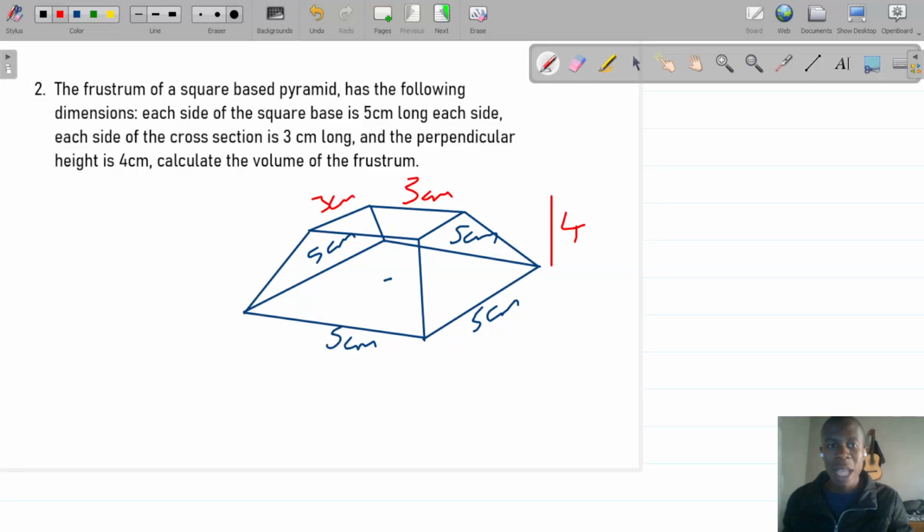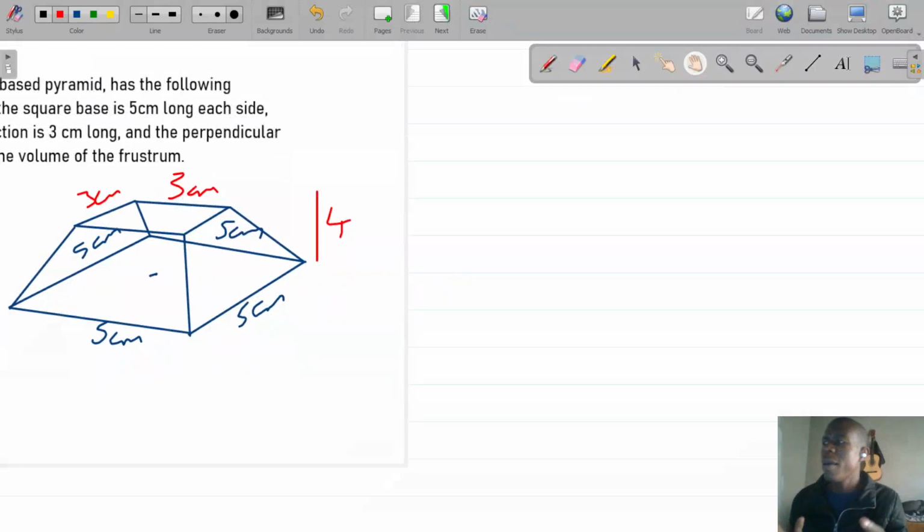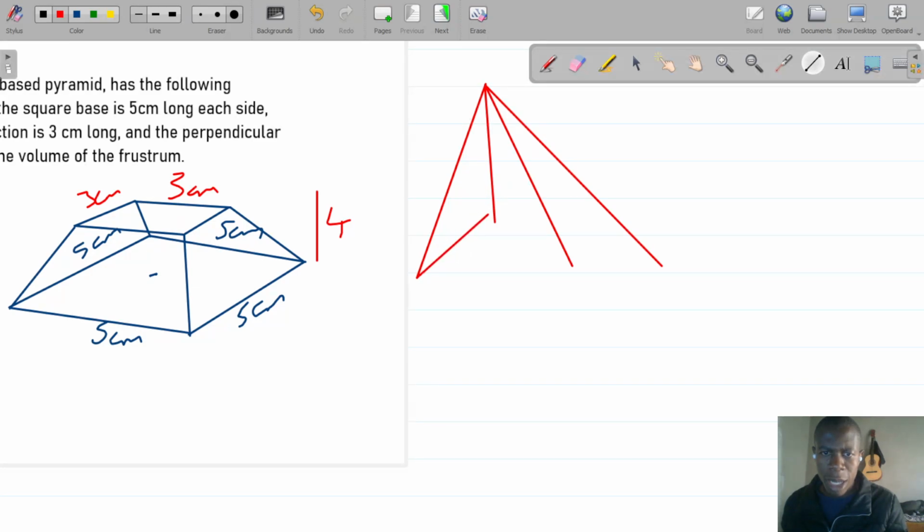4 centimeters. So as always, as we said, first of all, we need to try to make the original shape, how the original shape might have looked like. So the original shape might have been something like this. It's a pyramid like that.